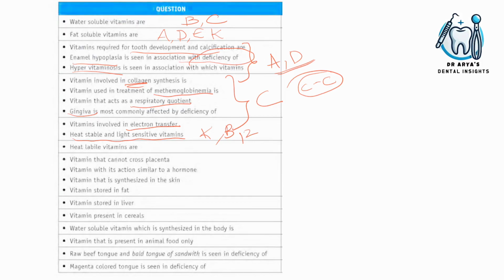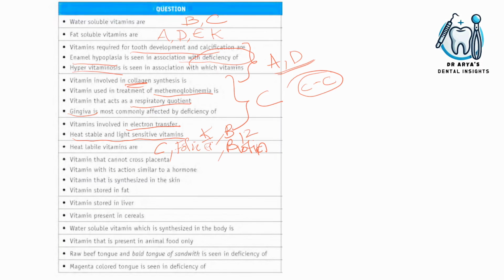Then heat labile vitamins are vitamin C, folic acid and biotin. So these are the heat labile vitamins: folic acid, vitamin C and biotin.